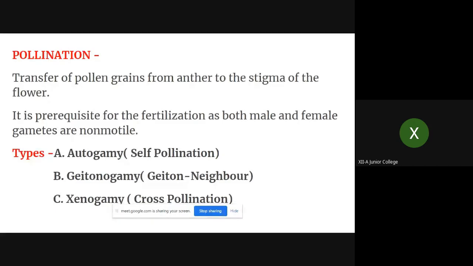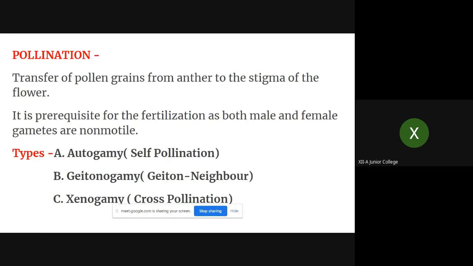Now, this is the most important prerequisite. Why is it important, do you know? Because both male and female gametes are non-motile. Last time we discussed the development of male gametophyte as well as female gametophyte. I told you how the male gametes are produced. The male gametophyte is the pollen tube, with two male gametes which are non-motile, and that's why this pollen tube is required, right?